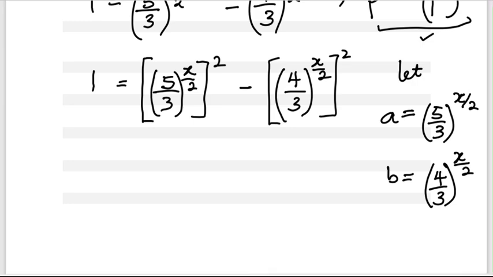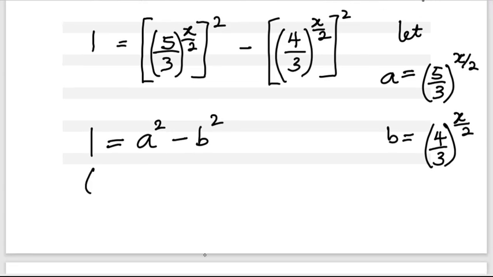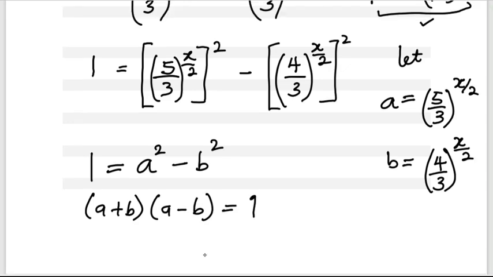Alright, so if we do that, we're going to have that 1 is equal to a squared minus b squared. Okay, and this is the same as a plus b times a minus b is equal to 1. Moving forward, we're going to find two numbers, they could be fractions, that can multiply each other to give us 1 to help us solve this problem.